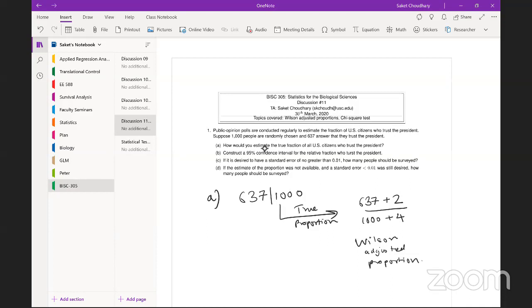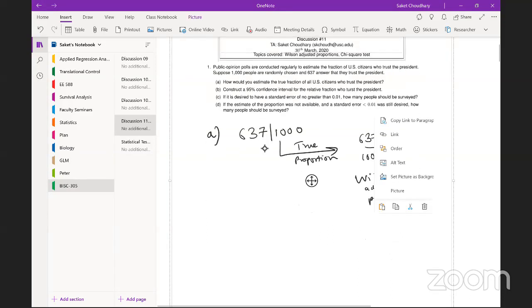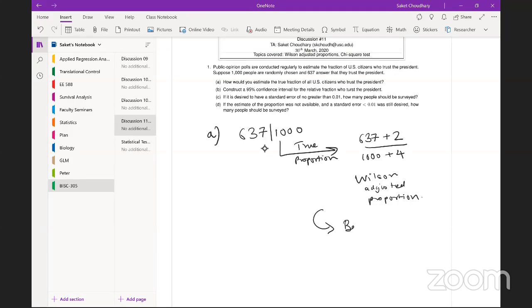And the reason we are doing this is because this gives us a better estimate of the confidence interval, which we are going to tackle in the next problem. So that is essentially the motivation behind this trick of adding 2 to the numerator and 4 in the denominator.